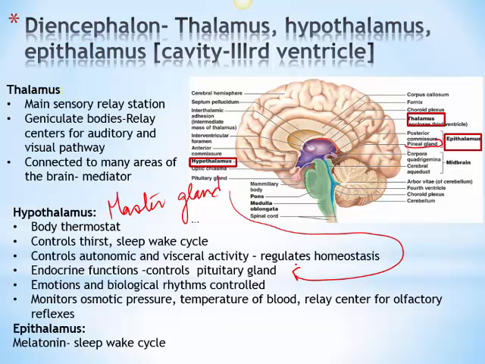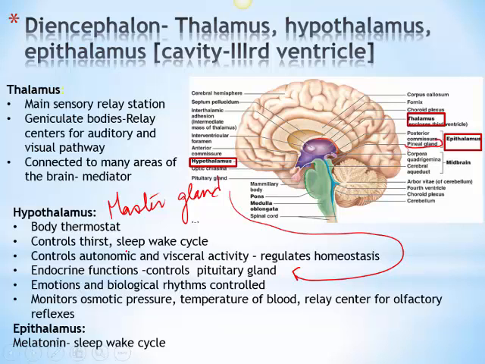It also is the body thermostat. Whenever your body temperature goes up, the hypothalamus sends impulses down to the sympathetic nervous system, causing sweating, and so it brings the temperature down. If, on the other hand, your body temperature goes down, it will activate muscles, causing shivering. The sympathetic nervous system then causes vasoconstriction, so heat is not lost. So it keeps the body temperature normal.